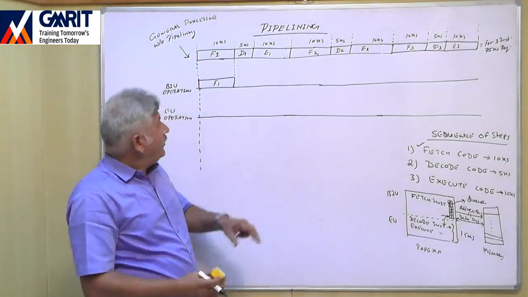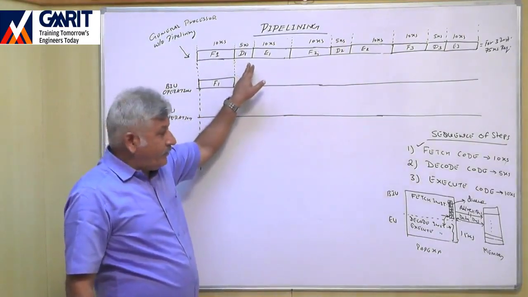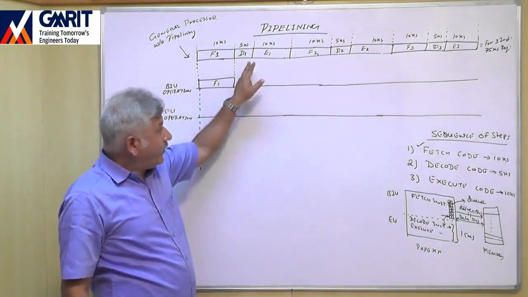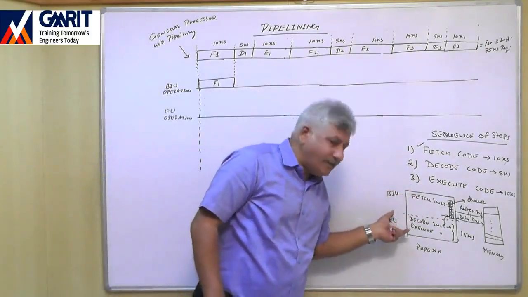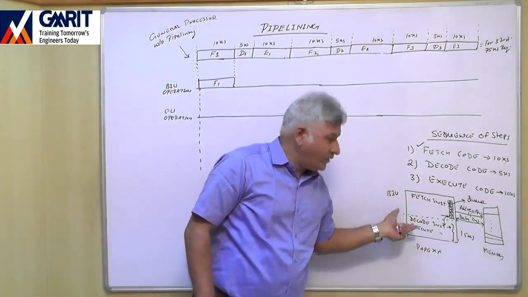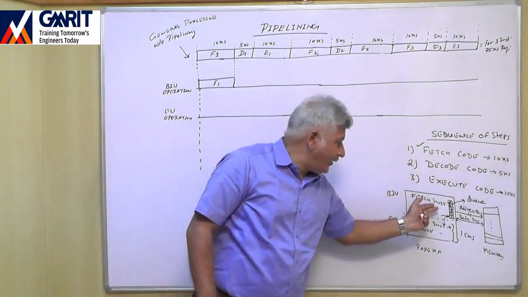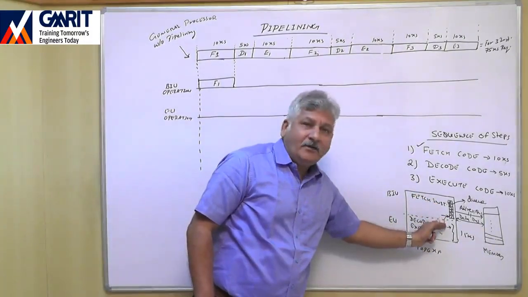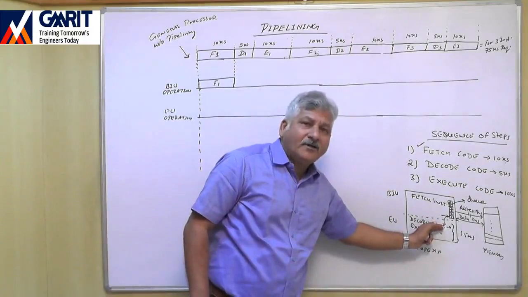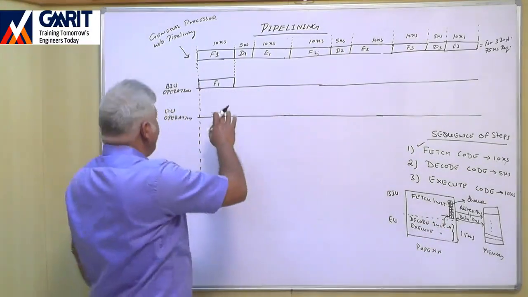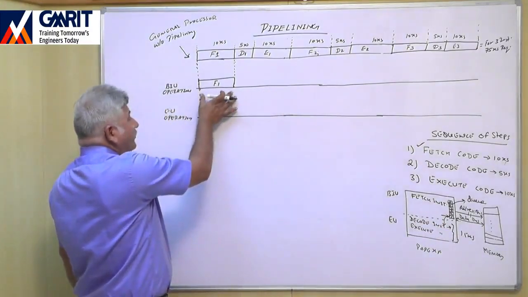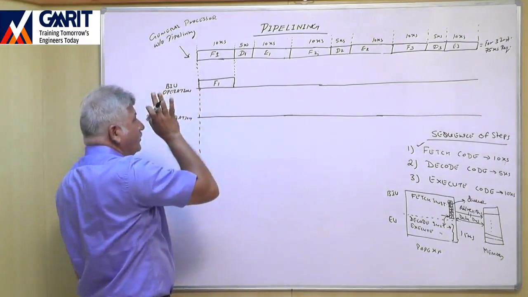Now after that the decoding has to be done, but now the decoding will be done in the execution unit, right? Once the code has been fetched, it will go to the decoder section of the execution unit, and the decoder section will decode it. So now the bus interface unit's job of fetching the first instruction is completed.